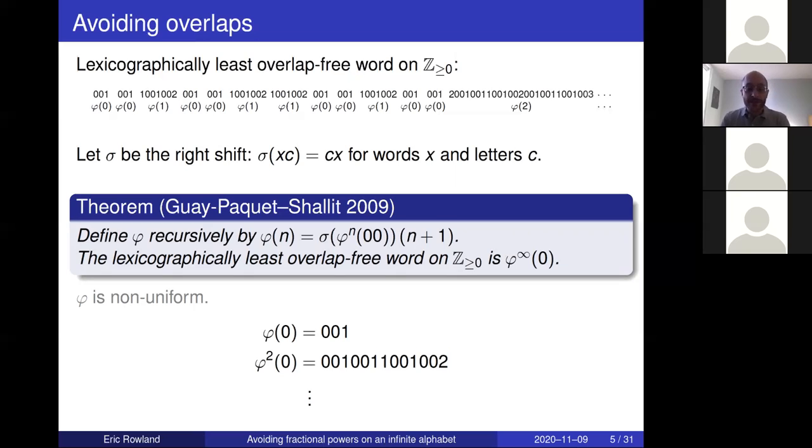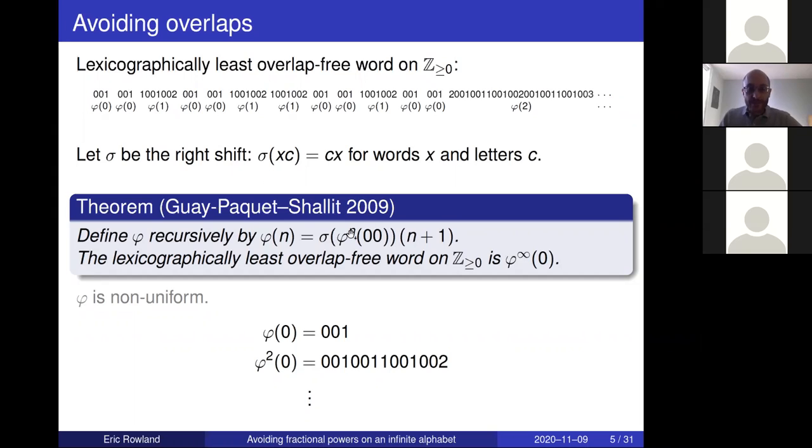And what they showed in that same paper is that if you define phi recursively, so phi of n is going to be n applications of phi to the word 0, 0, then you shift that word by 1 and append n plus 1 at the end. If you define phi recursively like that, then phi infinity of 0, this fixed point, is going to give you the lex least overlap-free word on the non-negative integers.